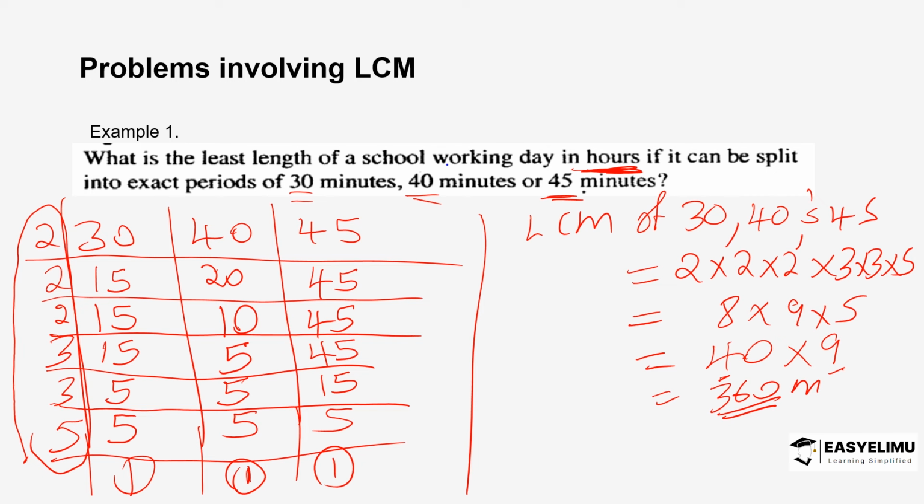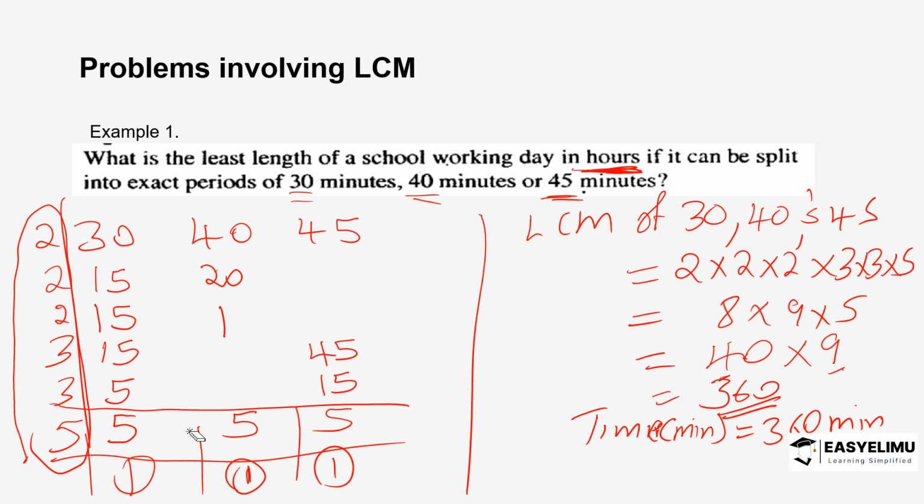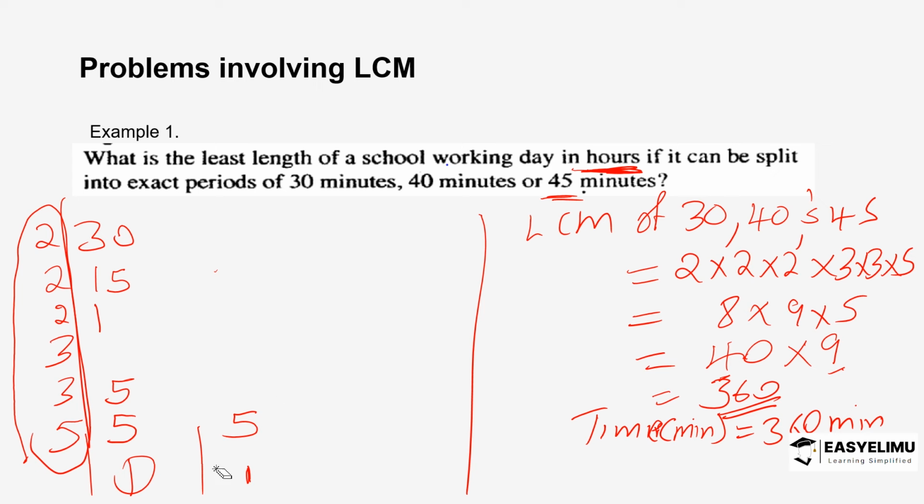This 360 is the LCM, but now it's representing time. So this is time in minutes. So time in minutes is 360 minutes. So I want to find the time in hours here because the requirement in the question is that you have to find the time in hours.